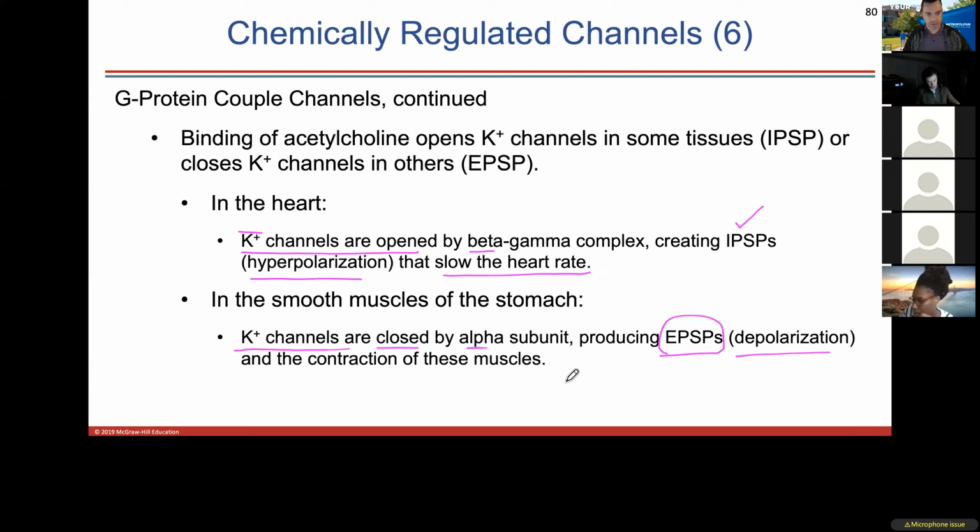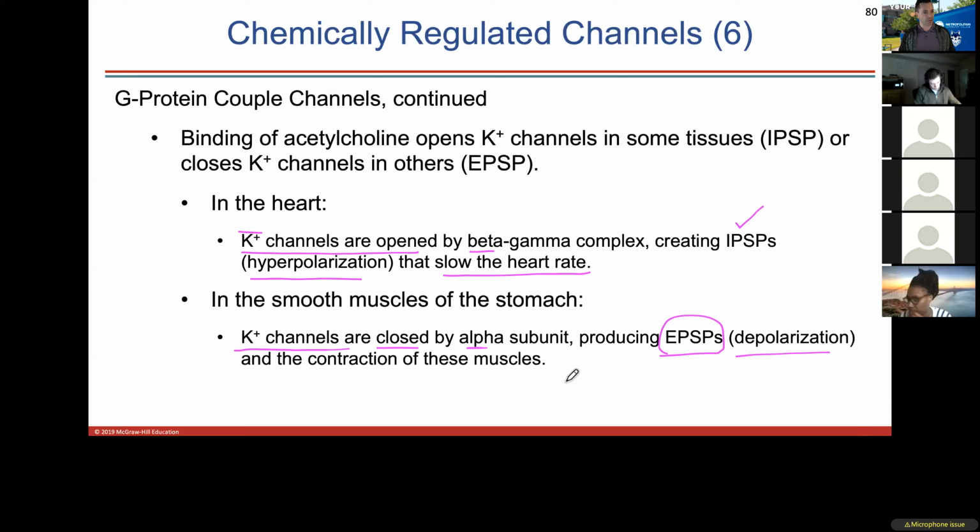Right? So with these G protein channels, these G protein coupled receptors, it depends on, again, the lock is different. Do we stimulate the beta subunit? Do we stimulate the alpha subunit? If we stimulate that alpha subunit, we're shutting down those potassium channels, and that leads us to excitation.